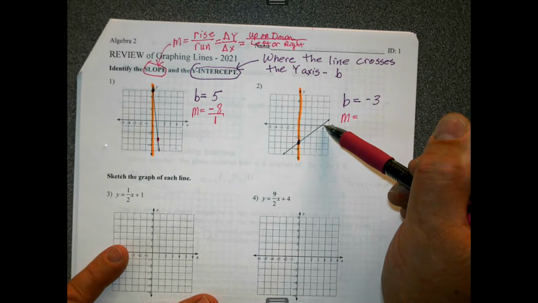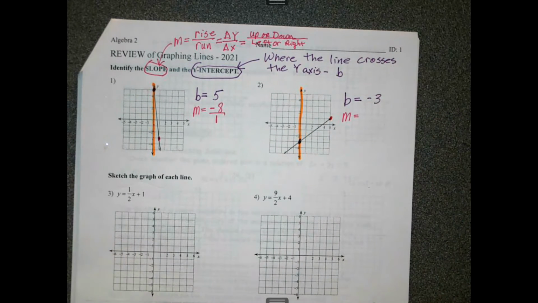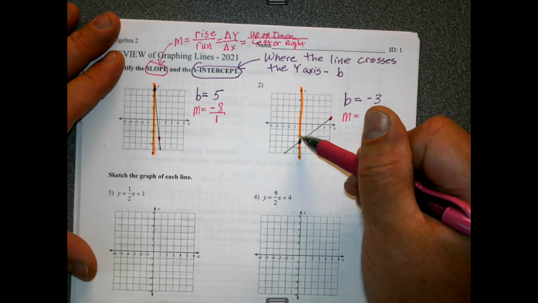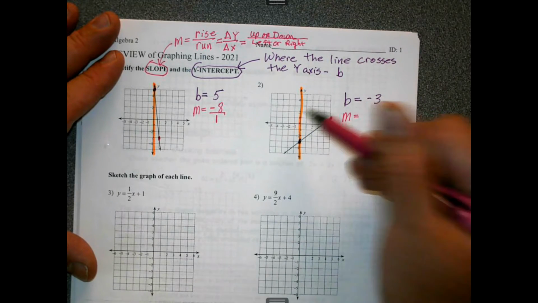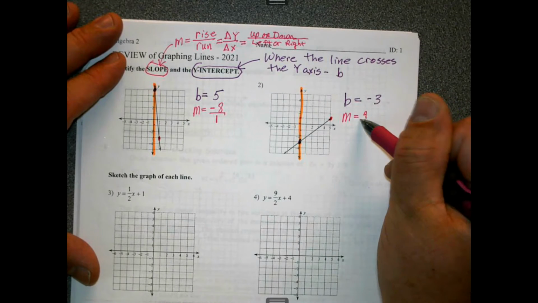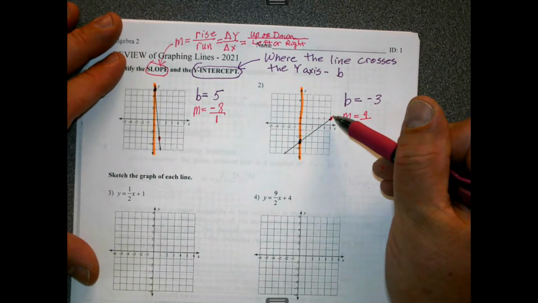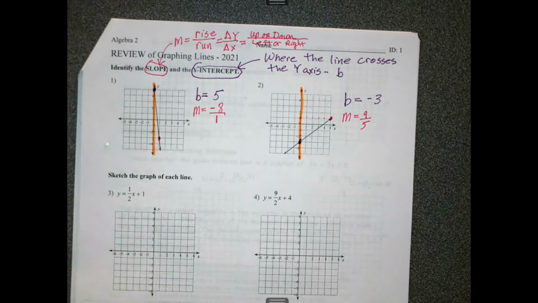It's pretty close there, but I think this one's on the money. So to get from one point to the other, I'm going to go up 1, 2, 3, 4, and then to the right 1, 2, 3, 4, 5. So 4/5 is my slope.